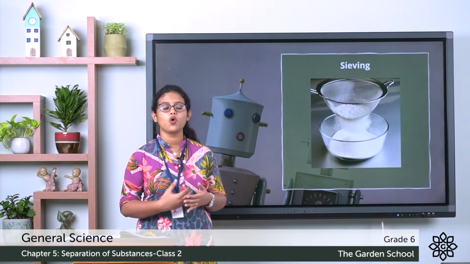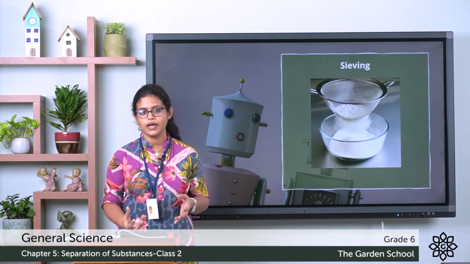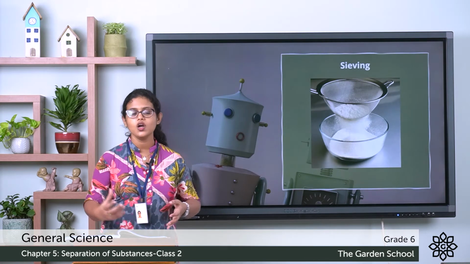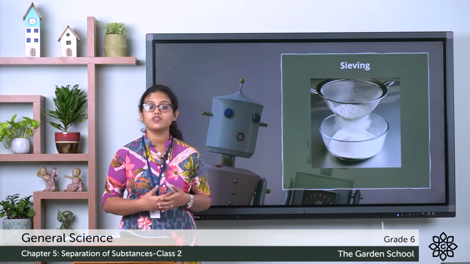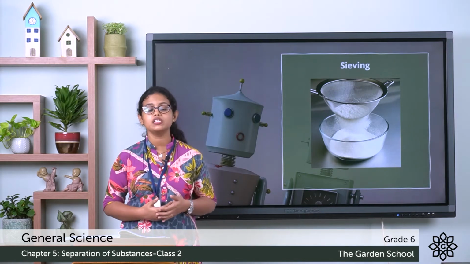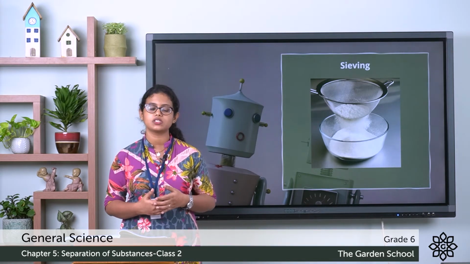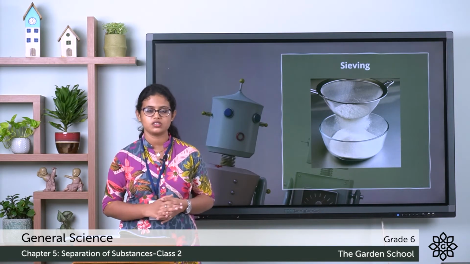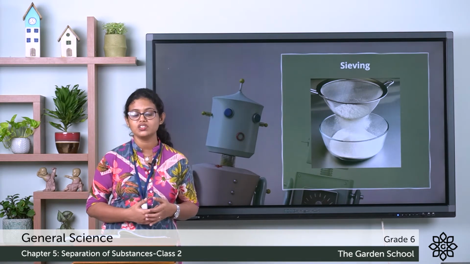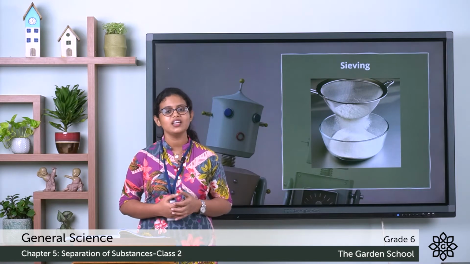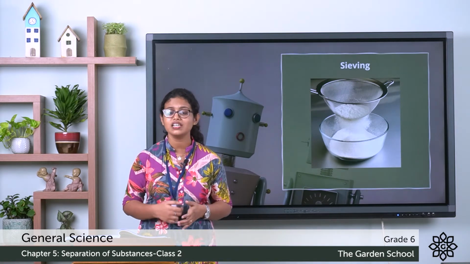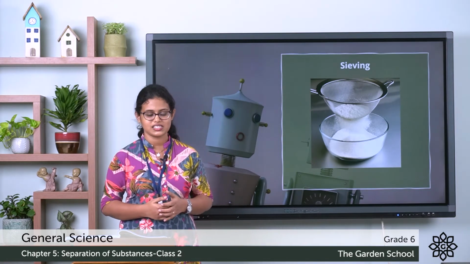Sieves are mostly made from a wire mesh, that means a metal wire or a metal plate with holes in it. The size of the mesh or holes depends on the size of the substance which is to be separated. You can go to the kitchen and see the sieve that we use for separating different substances.